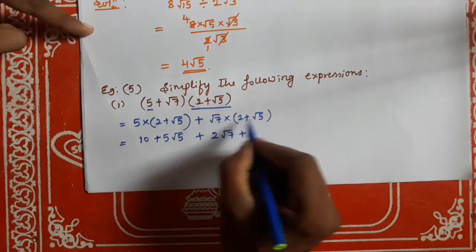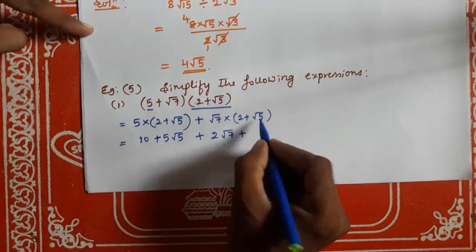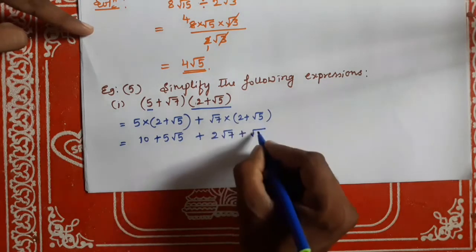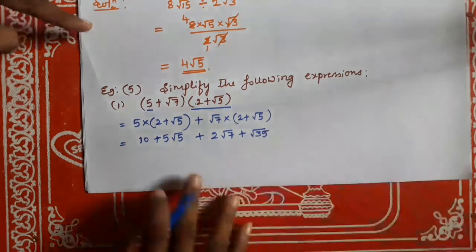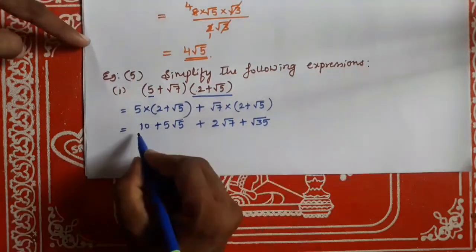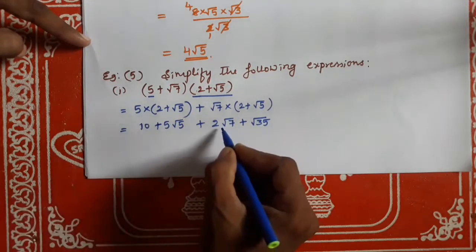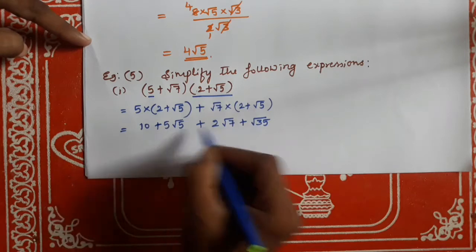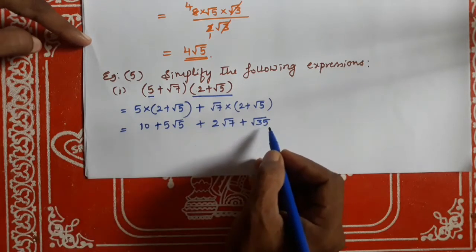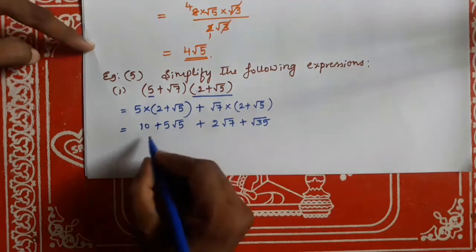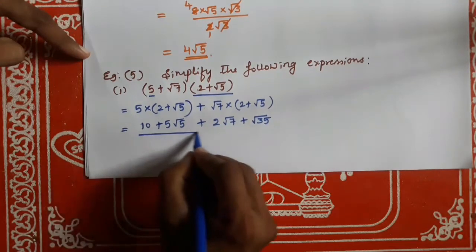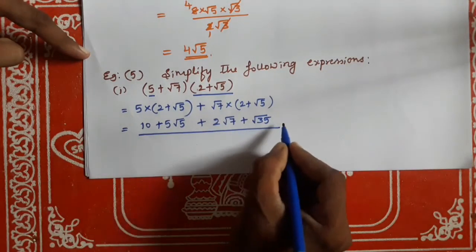The order is the same, so you can multiply 7 and 5: square root of 7 fives are 35. Here we have 10, here 2 root 7, and here 5 root 5, and here root 35. Therefore, the answer is 10 plus 5 root 5 plus 2 root 7 plus root 35.